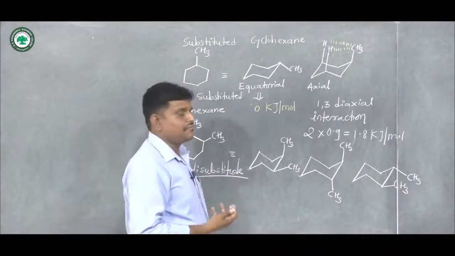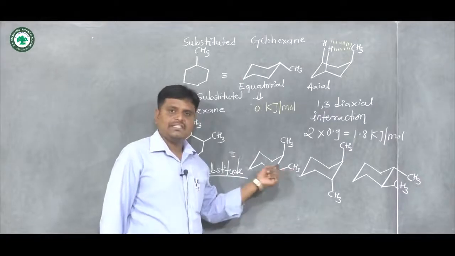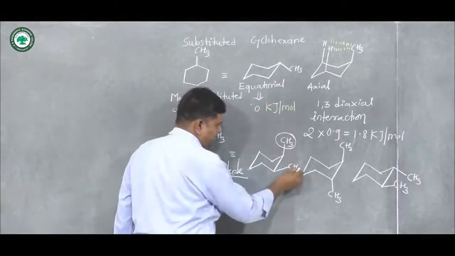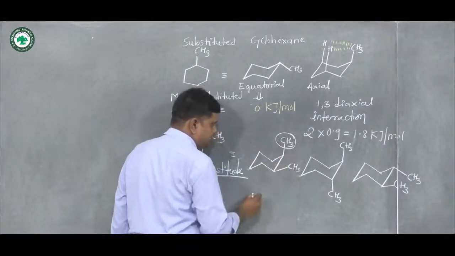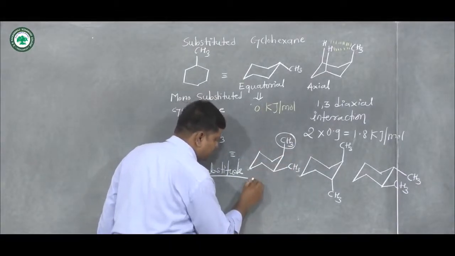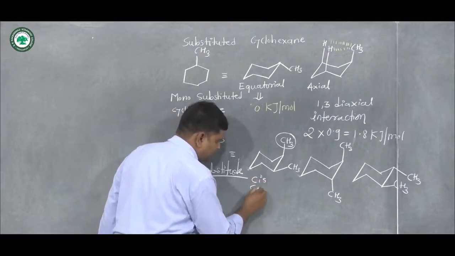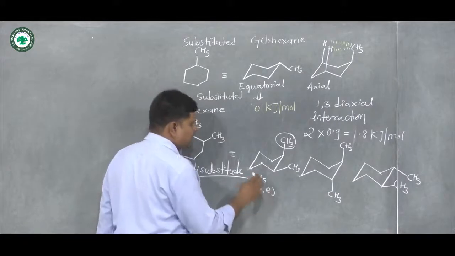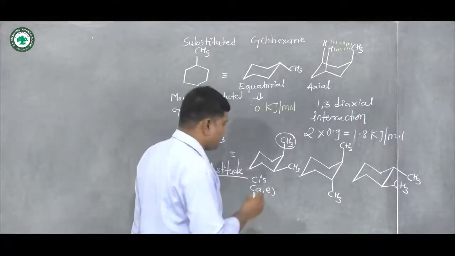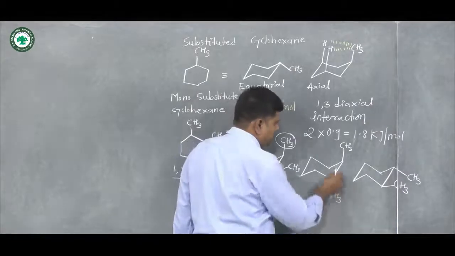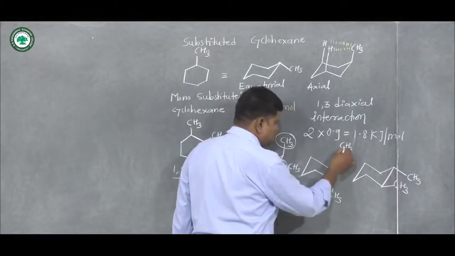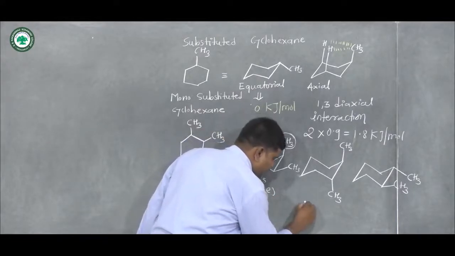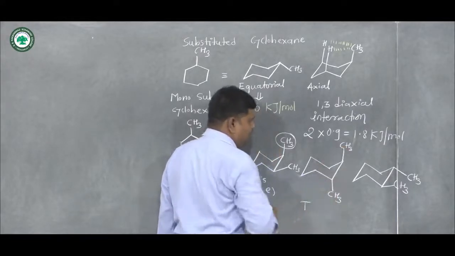Okay, so these three possibilities are there, and here we write if the bonds are on the same side, at that time we call this cis. So this methyl and this methyl both are on the same side. Here we write cis axial equatorial. Why? Because one methyl is at axial and another one is at equatorial position. Now we go for the second. Here both the methyls are present on the axial bond, and both are on opposite sides.